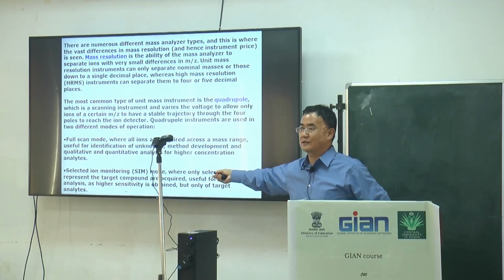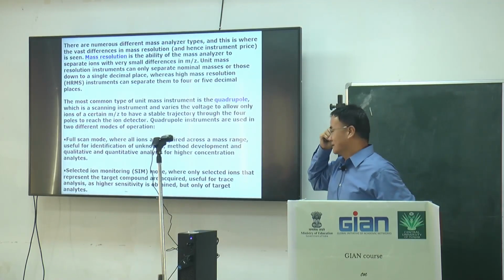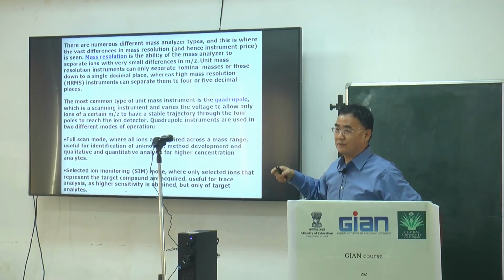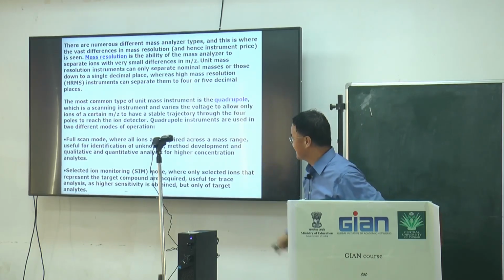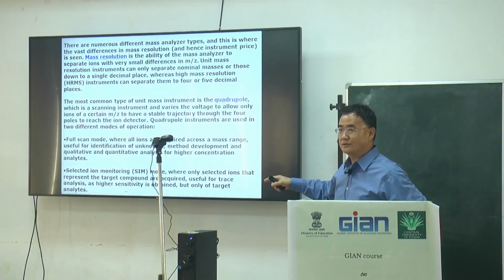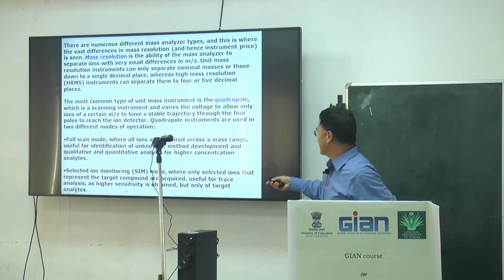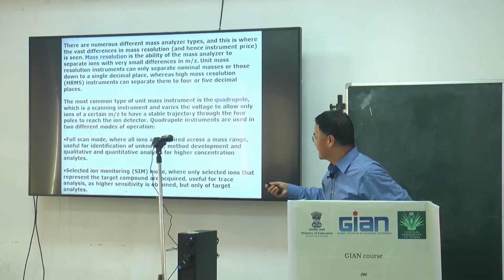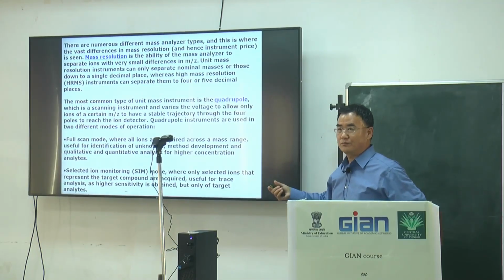This we will mention a lot later on, because when analyzing some very complex groups of metabolites, you have to use this selected ion monitoring mode. In that way, only selected ions that represent the target compound are acquired.